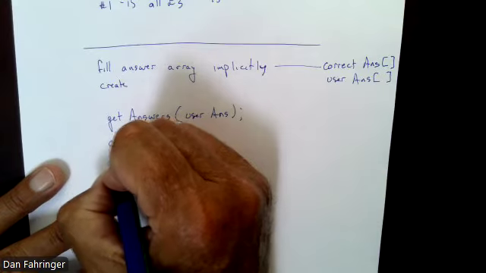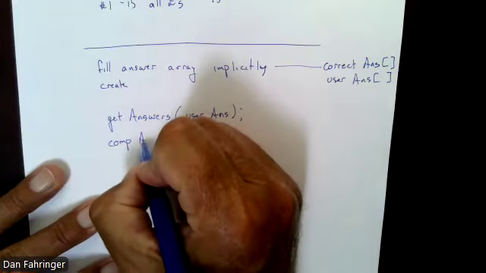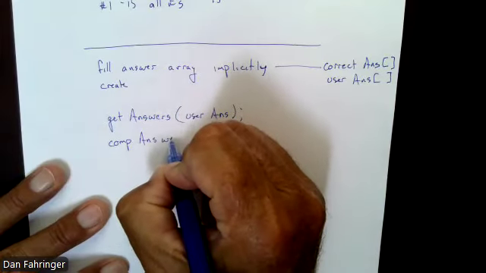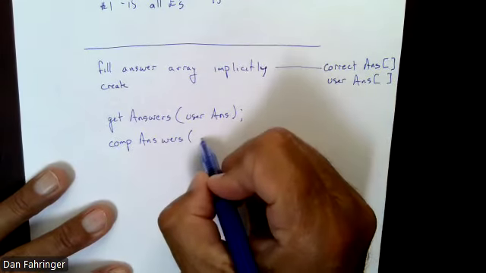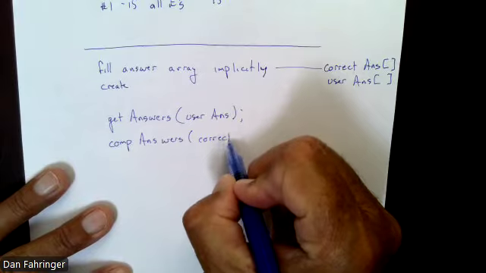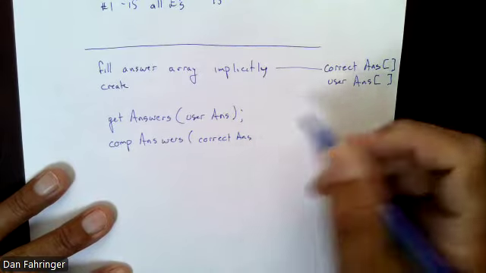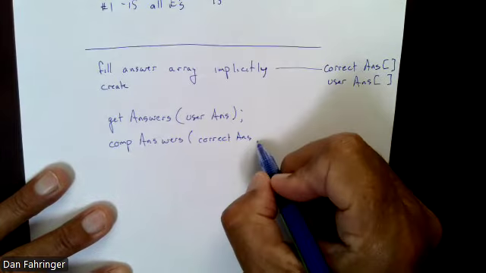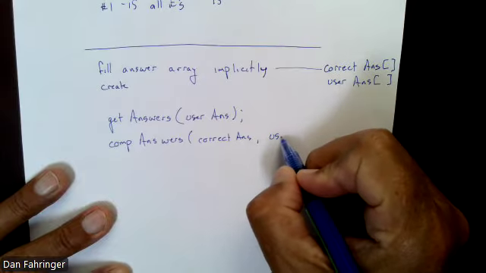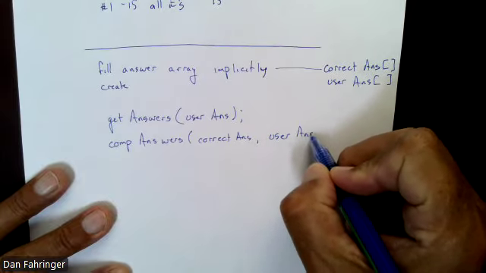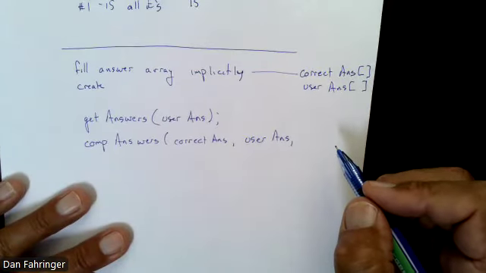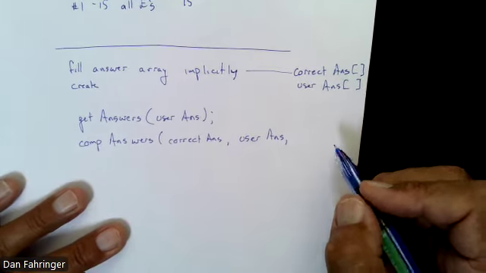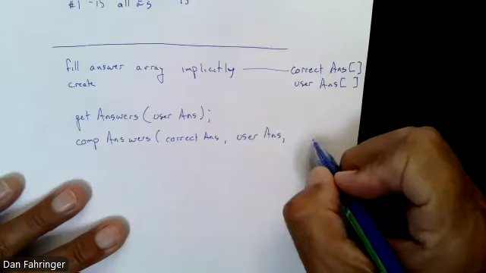Second one, now that I have that, I want to compare answers. And let's see, I need to send in the address for correct answers. And I'm going to need to send in the address for user answers. And I'm going to need one more, maybe for if the user got them correct or not.